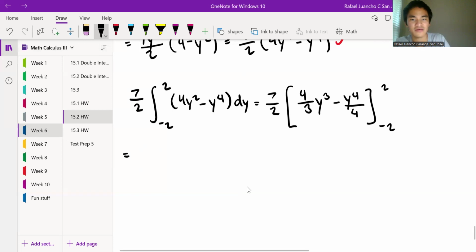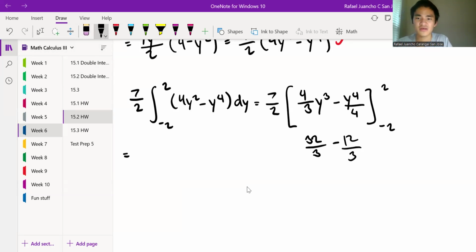So here this would give me, let me try it again. 2 cubed is 8. 8 times 4 is 16. What? 8 times 4 is 32. What am I doing? 32 over 3 minus 2 to the fourth is 16 over 4, so that's just 4. So that's 12 thirds, or 12 over 3. 32 minus 12. If I'm doing my math, that's 20 thirds, right? Minus something. If this was -2, it would just be that same thing.